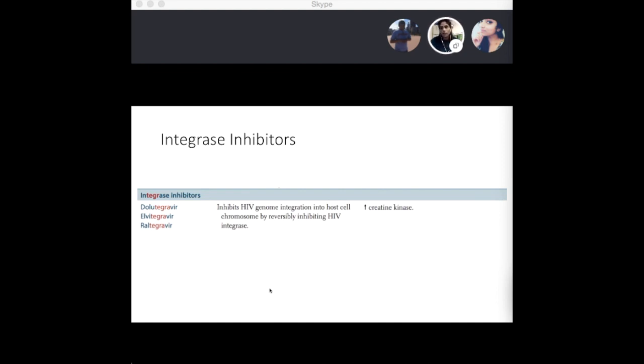So integrase inhibitors, hence, will prevent the virus from being transported into the nucleus, and also that step is major for cell self-destruction, which is saving our good CD4 cells. So these are the drug names, and as it says, it inhibits HIV genome integration into the host cell chromosome, and the adverse effect of these is just increased creatine kinase.